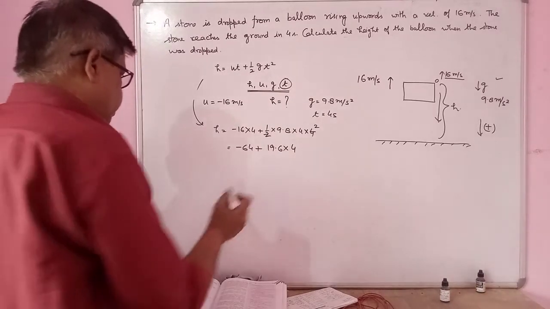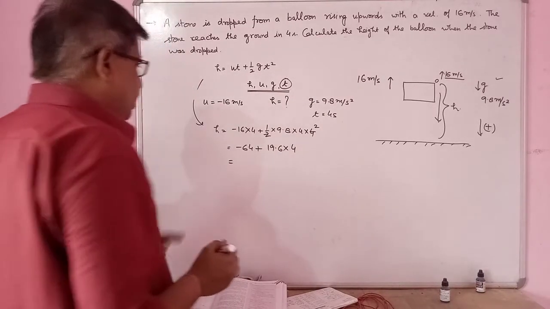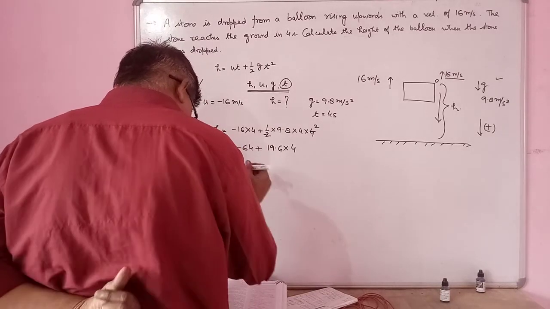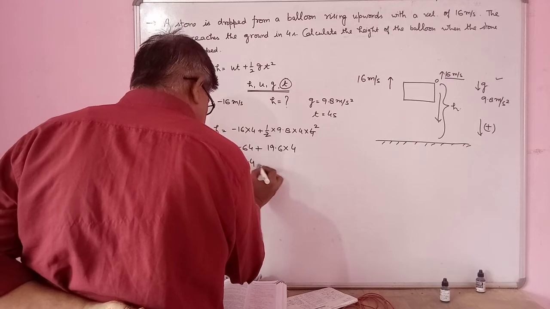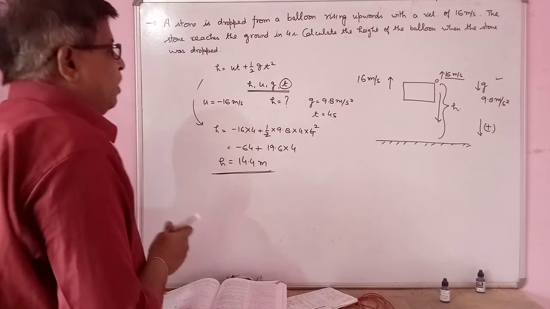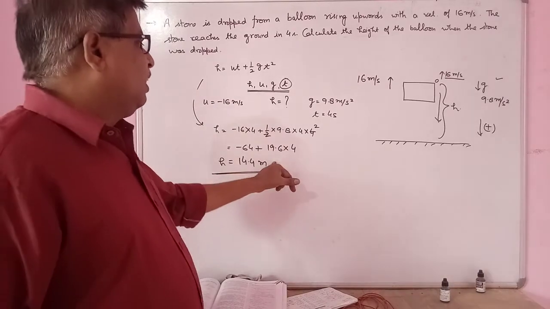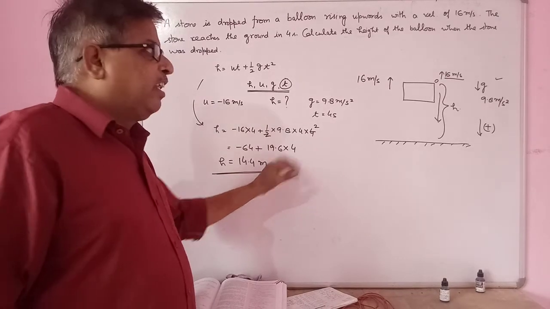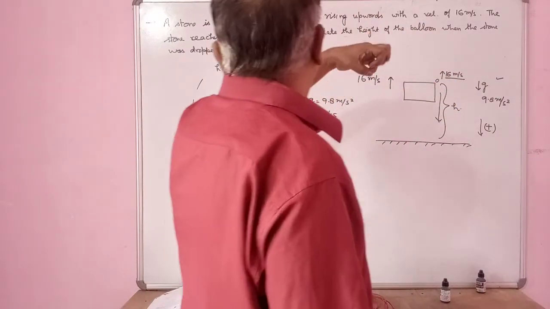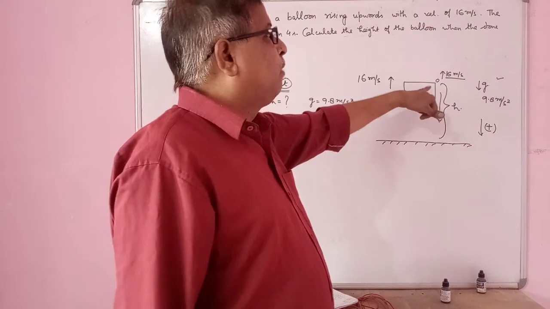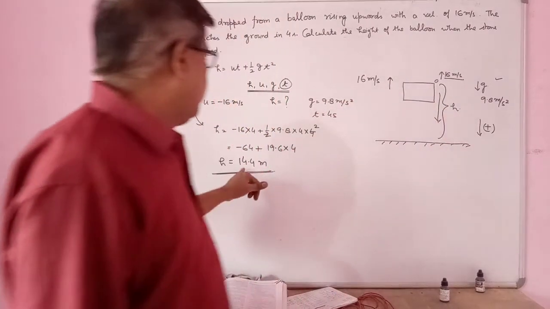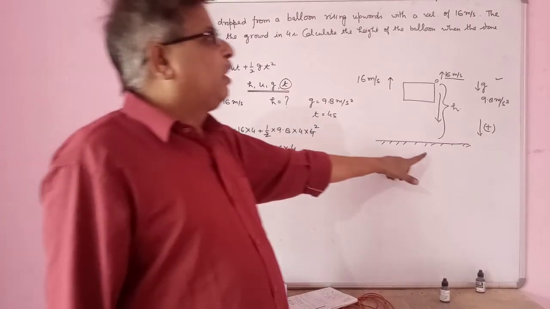So after calculating we get 14.4 meter. h, so this is our final answer. It means at the time when we dropped that stone from the balloon, it was at a height of 14.4 meter from the ground.